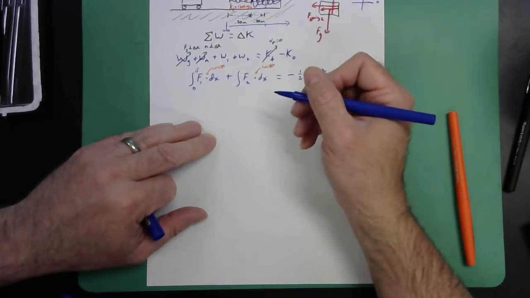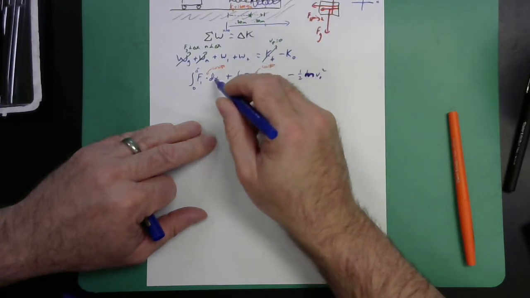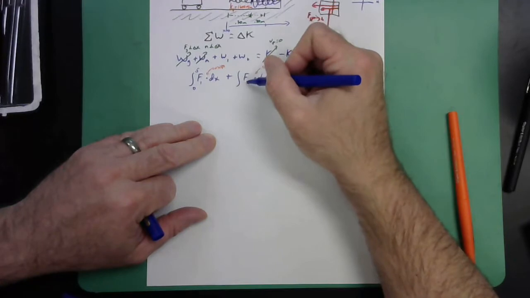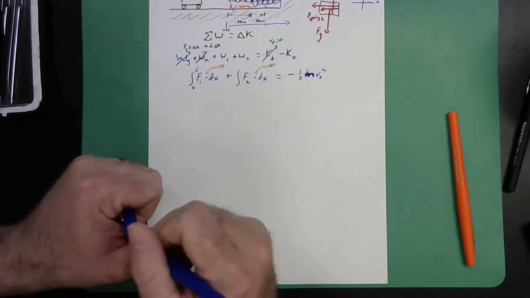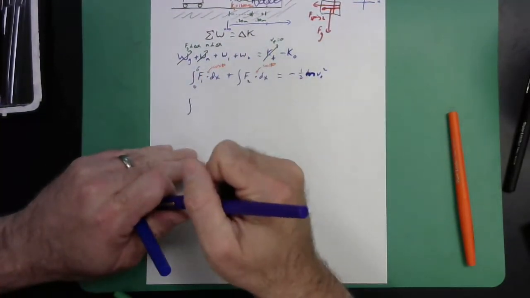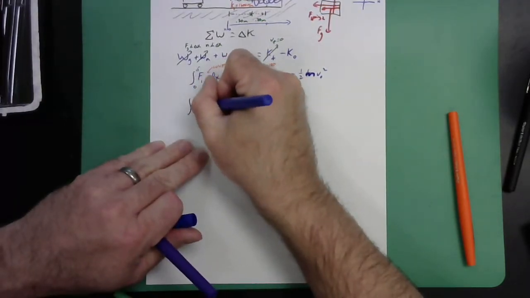But that's not right. Because remember, the x in the force equation that we're going to plug in, these are ideal springs. I'm going to be plugging in force is negative kx.